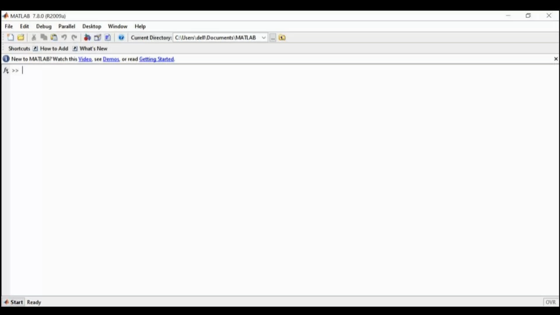This is the MATLAB command window. Now what you need to do is run this program and enter the inputs in the command window. I have shared the command window on the screen.